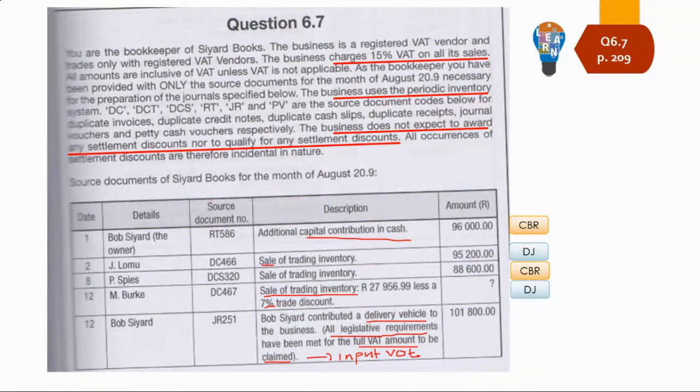Nonkabela thinks it's CBP, so the cash book payments. Any other takers? What do you guys think? Where do we take this? Neil thinks is it the general journal? He's not sure. Anyone else? Where do you think we take it if we receive a delivery of a vehicle?